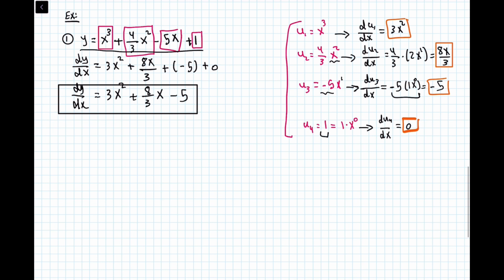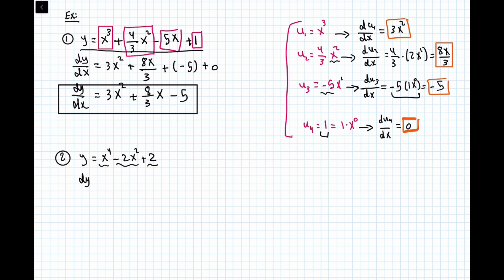Okay, let's try our second example. Our second example is y, which is our polynomial, equal to x to the power of 4 minus 2x squared plus 2. So it's again the sum of individual functions.